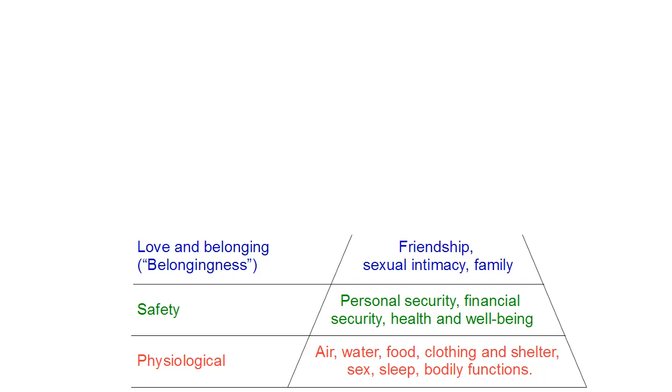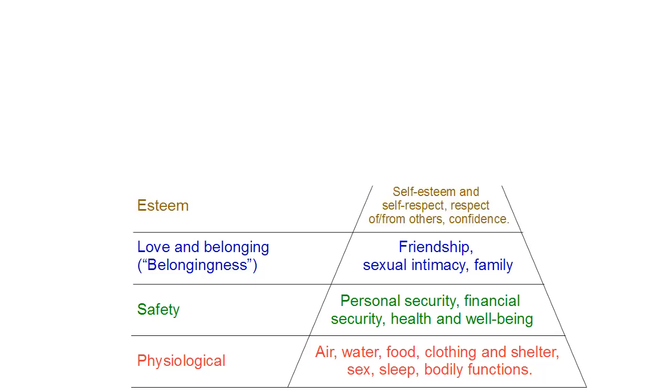The next level is love and belonging, which he called belongingness. And these are things like friendship, sexual intimacy, and family. They're the things that make life worth living, the things that make life good. At the next level, we have esteem.